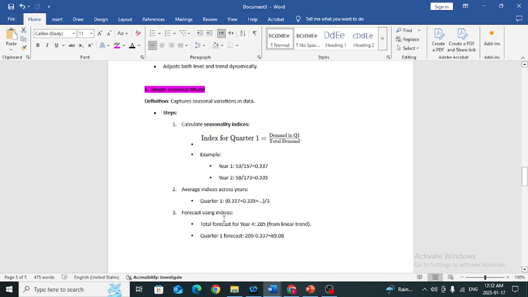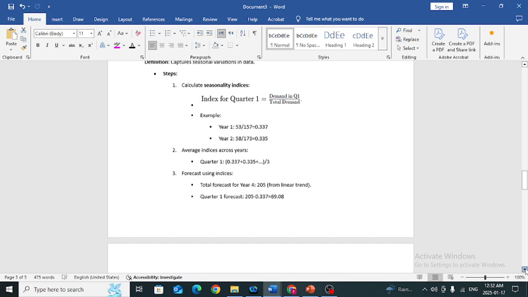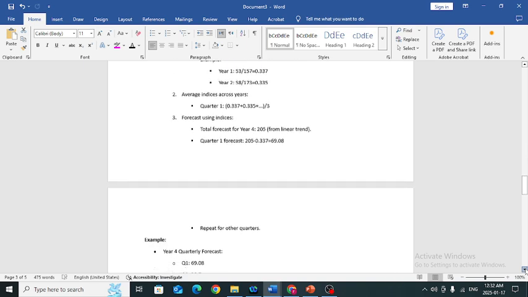And the forecast using indices: total forecast for year 4 is 205 from the linear trend, and the quarter 1 forecast is 205 multiplied by 0.337, which equals 69.08.